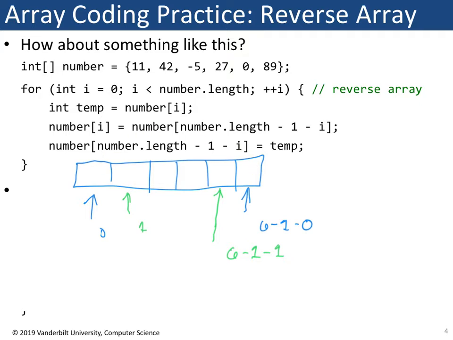So we swap the contents of element 5 and 0 by storing element 0 into a temp, taking element 5 and putting it into element 0, and then taking what we stored in that temporary variable and putting it into element 5. Simple enough.